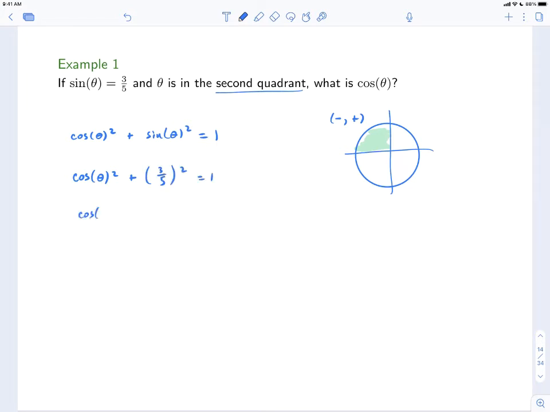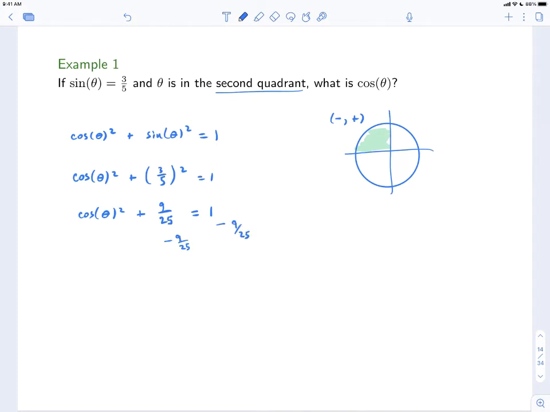So cosine of theta squared plus 9 over 25 is equal to 1. I was getting a little bit ahead of myself, because the next thing we want to do is subtract 9 over 25 from both sides.